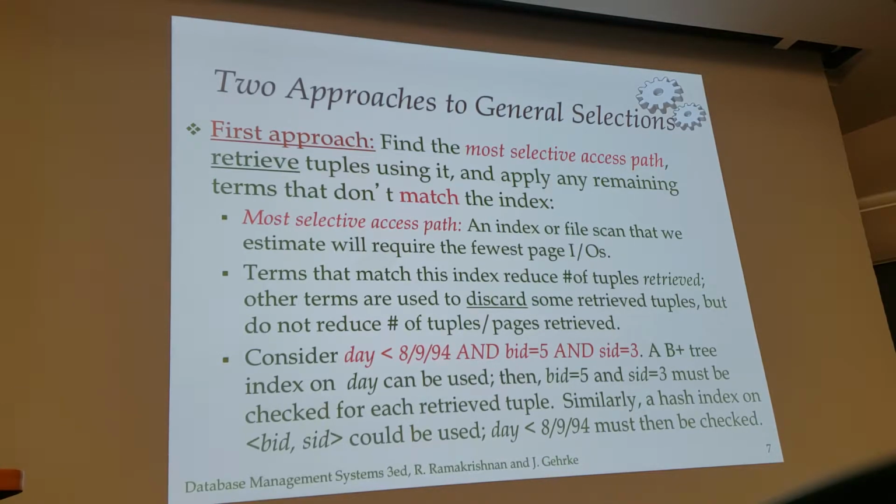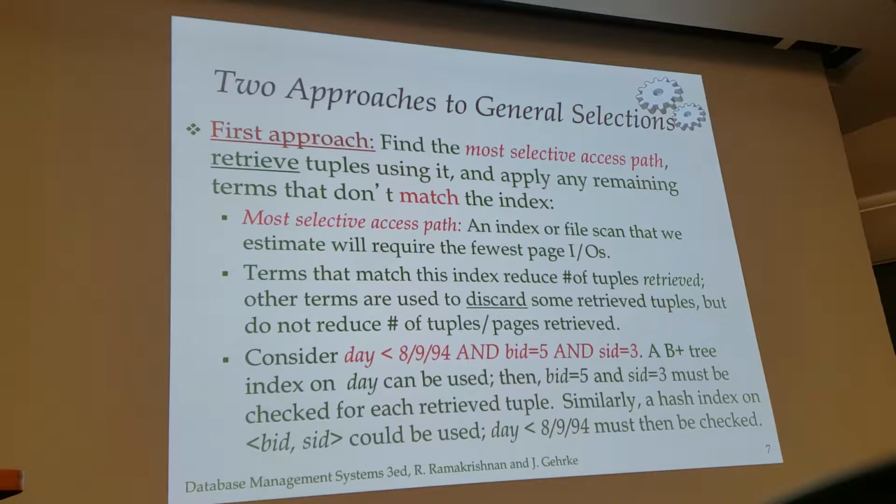Then you still have to apply the predicate on day. You might pick the one that's the most selective in the sense of fewest number of IOs. You might also pick the one that's most selective in terms of returning the fewest number of tuples.